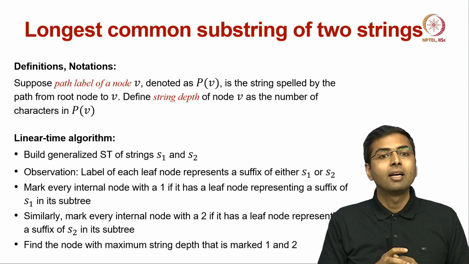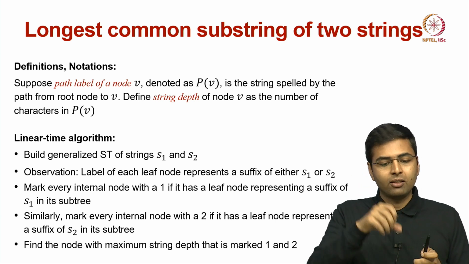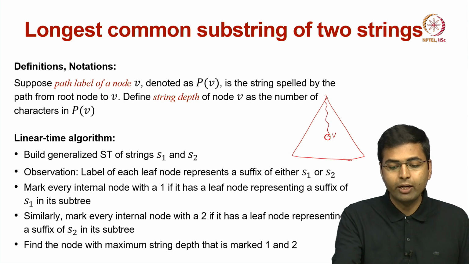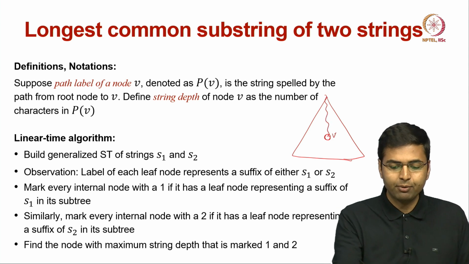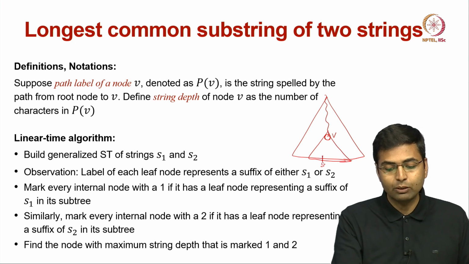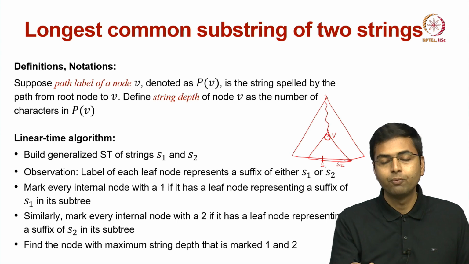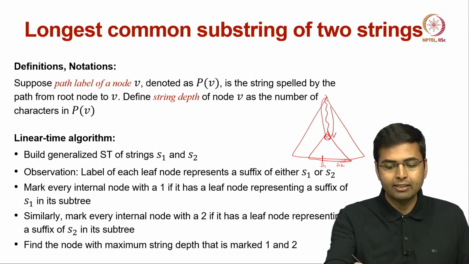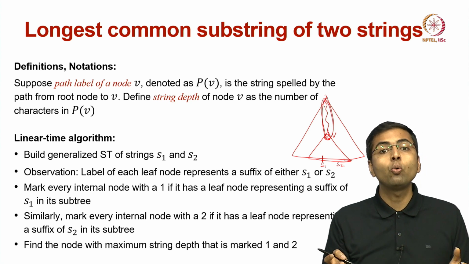In other words, I am looking for the node with the maximum string depth such that in its subtree I have suffixes coming from string S1 as well as string S2, suggesting that the substring represented by this path is common to both S1 and S2.